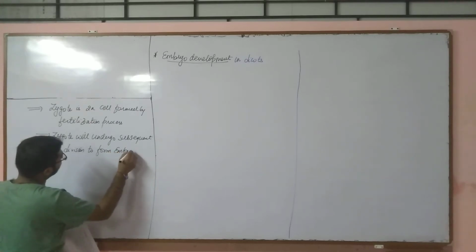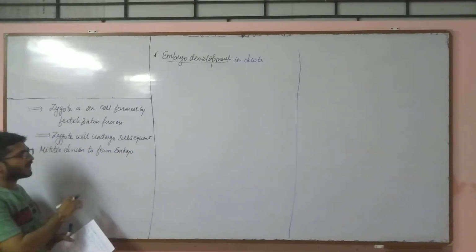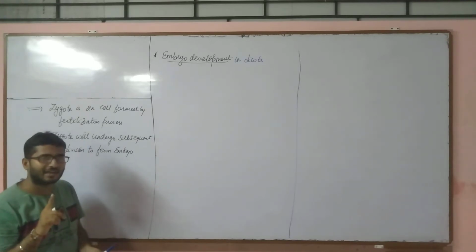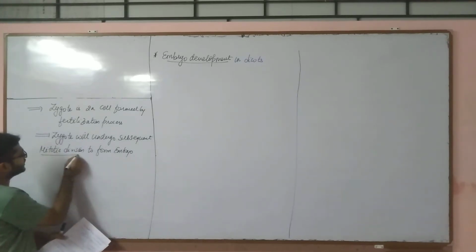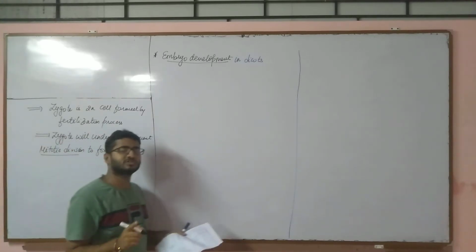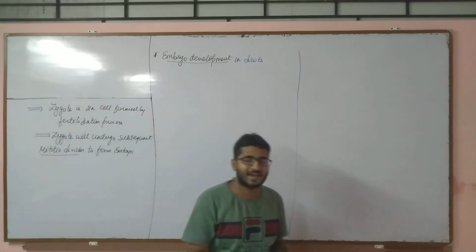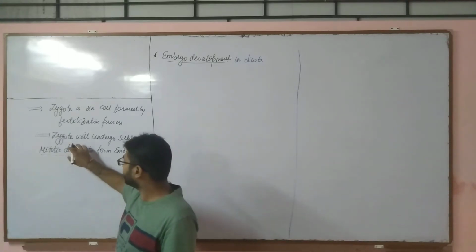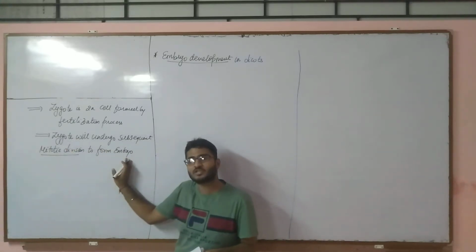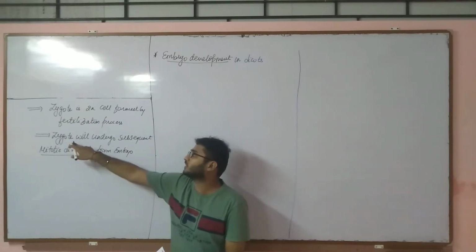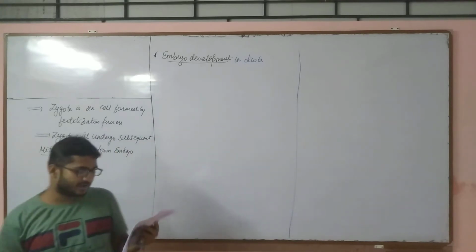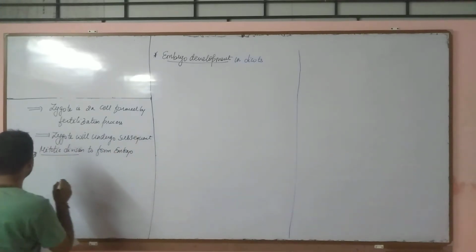Zygote is a diploid cell and this is forming an embryo which is also again a diploid cell. So of course there has to be mitotic cell division only. Gametogenesis, that is the formation of male as well as female gamete, is by meiotic cell division. But development of embryo, that is formation of embryo from zygote, is always mitotic in nature, that is mitotic cell division.